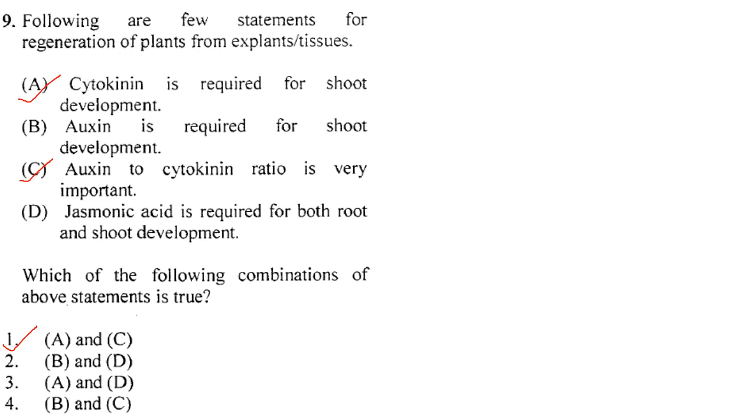Which of the following combinations of the above statements is true? Okay. Cytokinin is required for shoot development. Of course, so A is correct. Auxin is required for shoot development? No, it is for root development. So B is not correct. Auxin to cytokinin ratio is very important. That is also correct.